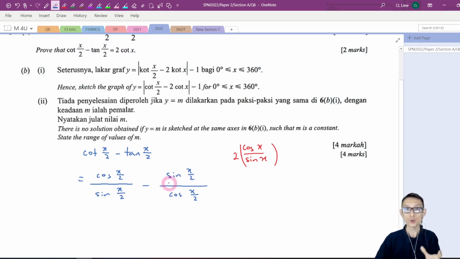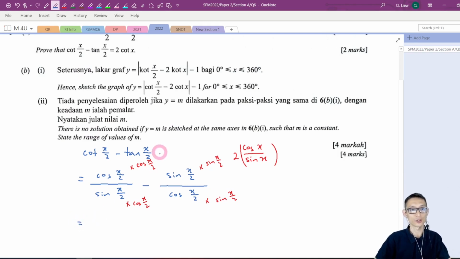So to combine these 2 fractions together, they need to have the same denominator. So what I'm going to do next is this one I'm going to times cosine x over 2, here also times cosine x over 2. For this part, I'm going to times sine x over 2, do the same thing for the denominator, sine x over 2.